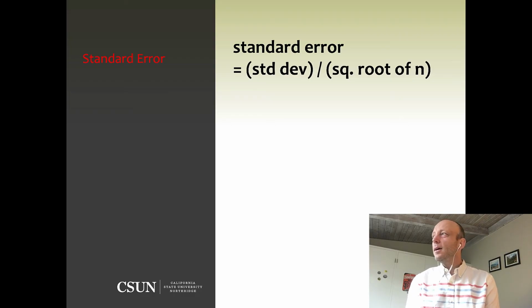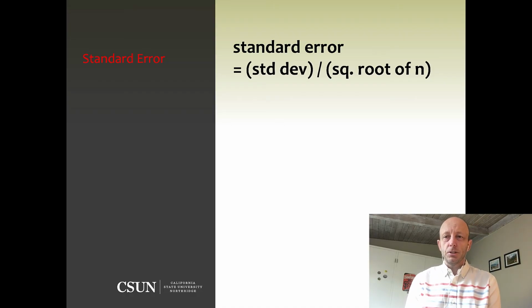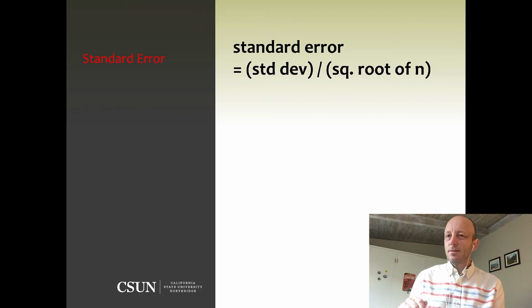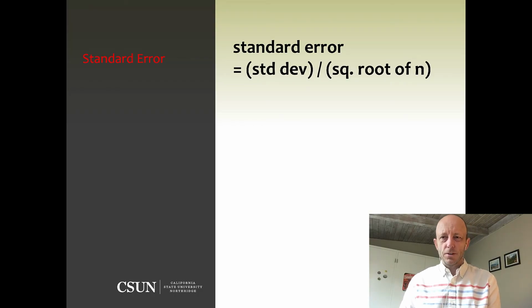First of all, if you're asked for a distribution of sample means instead of a distribution of scores, then the standard deviation of the sample means is the standard error. Now, what does that mean? Well, suppose you've got a bunch of students in a class. That's a sample of scores, individual scores from students.